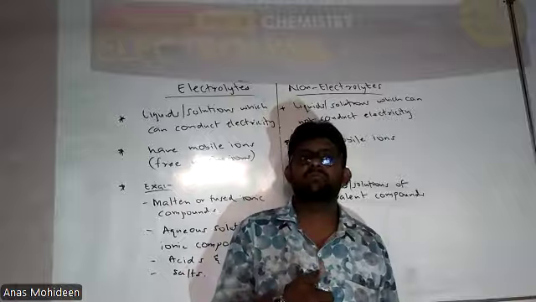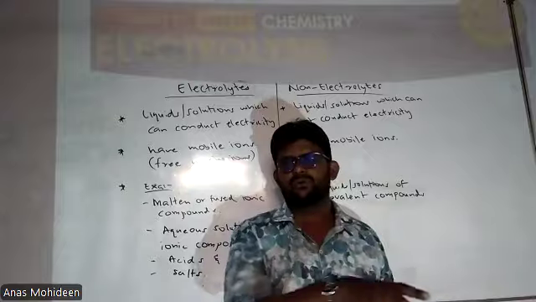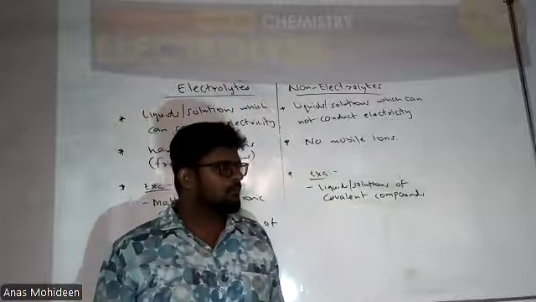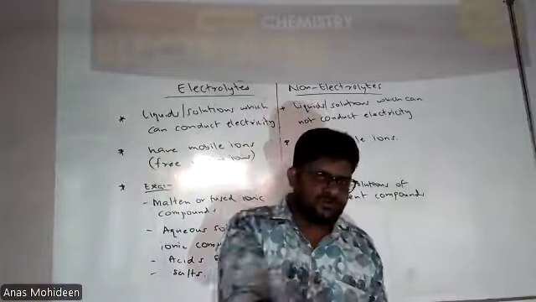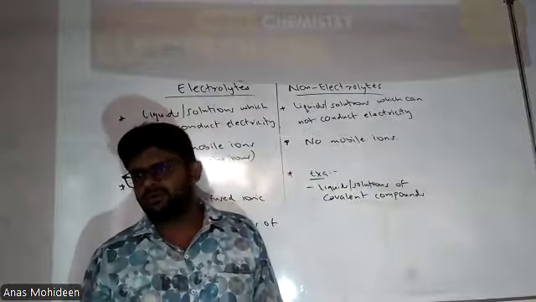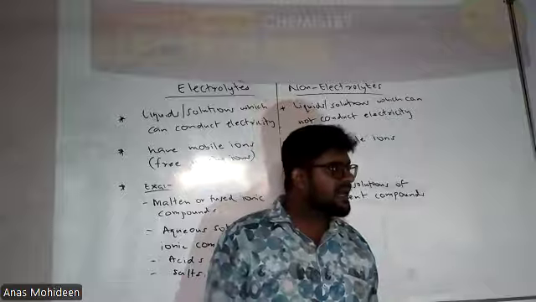When you heat it, solid sodium chloride melts into liquid sodium chloride. That is molten. Now the same sodium chloride you put in water. It dissolves in water. So that is the aqueous solution.